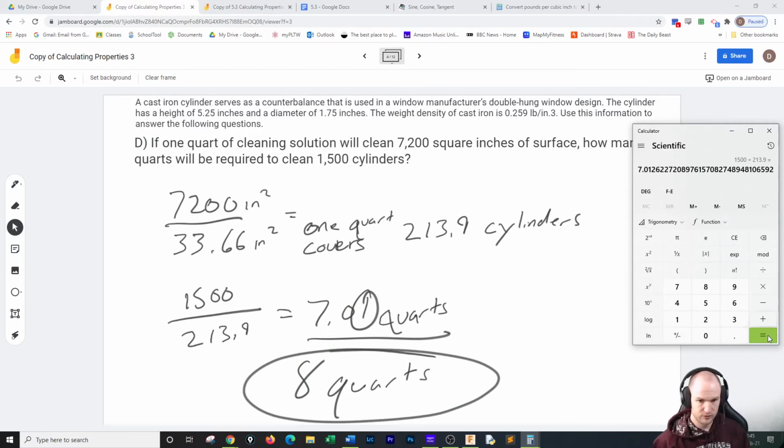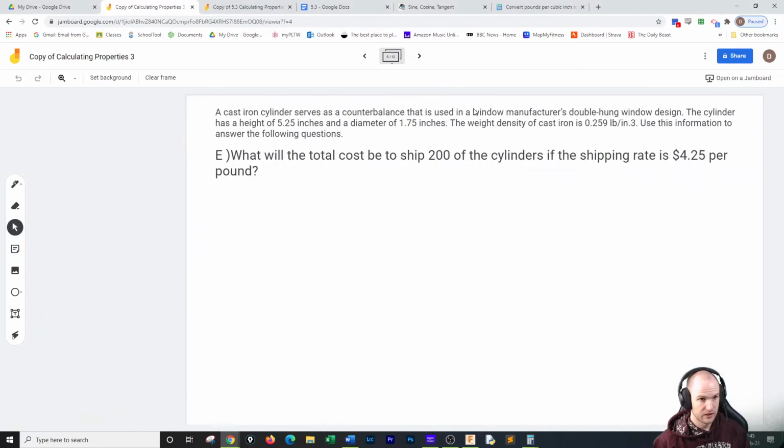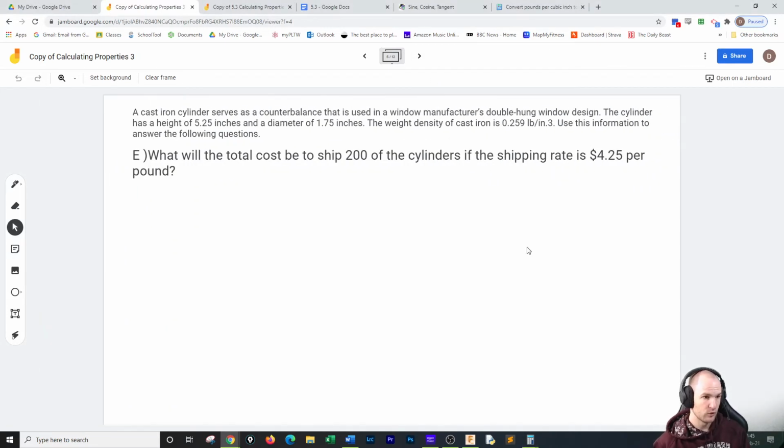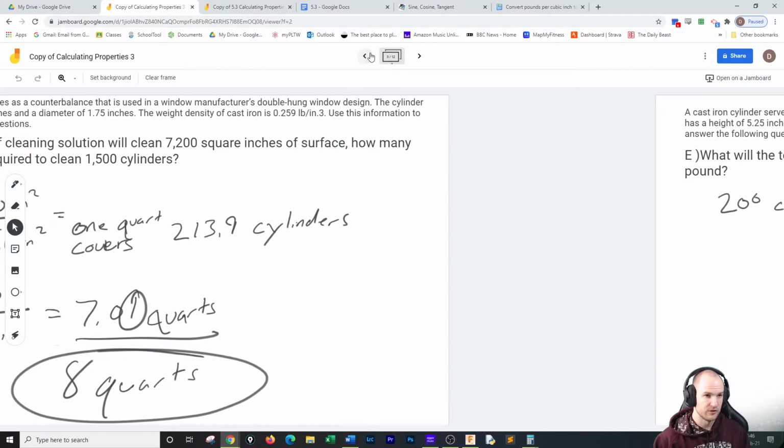And finally, for this one, what will the total cost be to ship 200 cylinders at $4.25 a pound? So that's very straightforward. 200 cylinders times, what do we say for weight? 3.29.